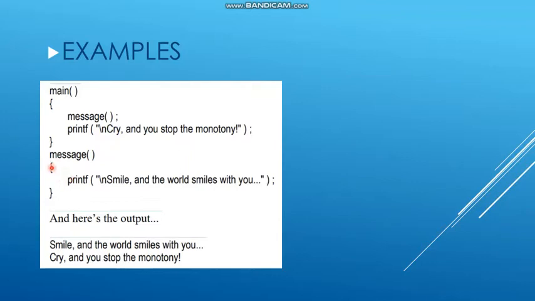Then after completing this block, we come back towards main, from where we had jumped towards this block. So now we are here after printing "smile and the world smiles with you". Then the next line is printf "cry and you stop the monotony", right? So we are printing this line. From here we can understand that functions can help to jump from one place to another.